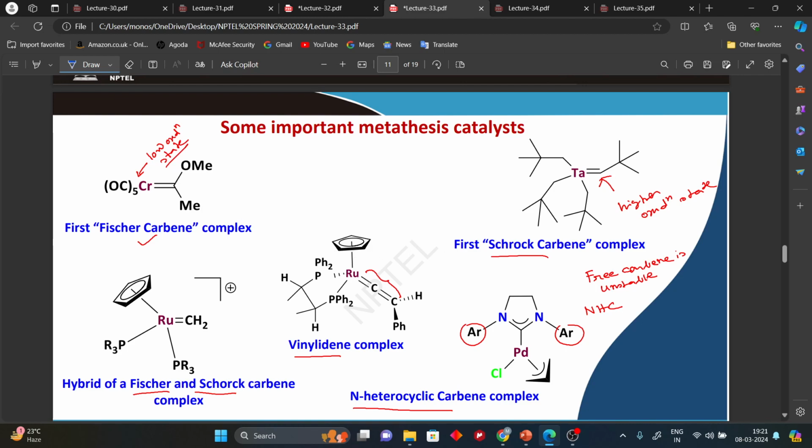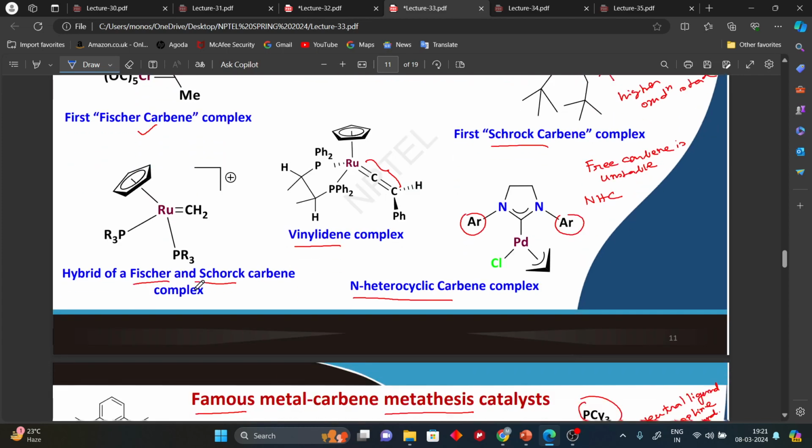The differentiation that we find is that these ruthenium-based ones are examples of this hybrid difference of carbene complexity, with an NHC group, and the nature is that carbene.